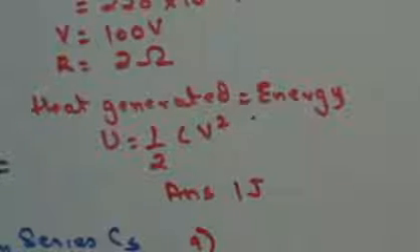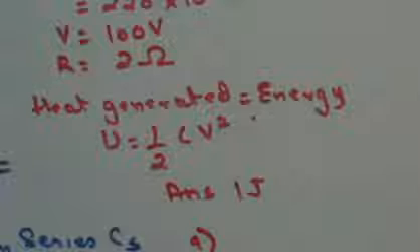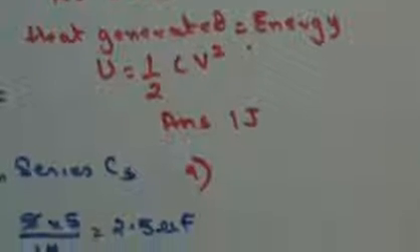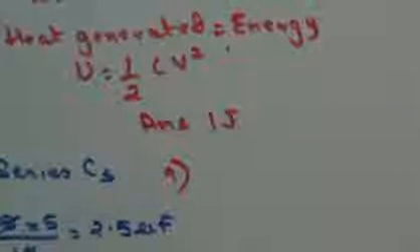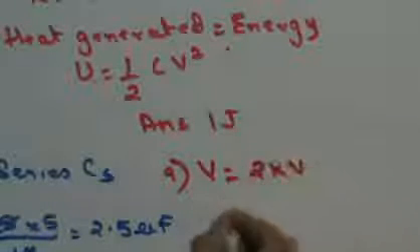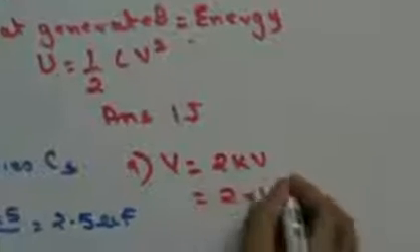Energy stored in a system consisting of two capacitors connected in series across a 2 kilovolt line is 4 joules.